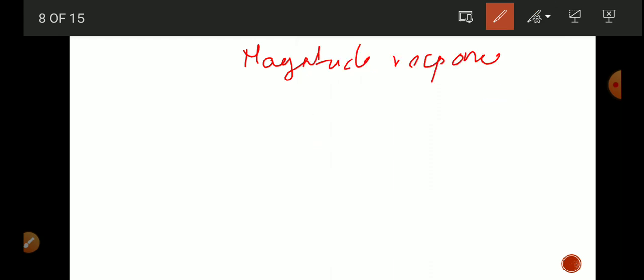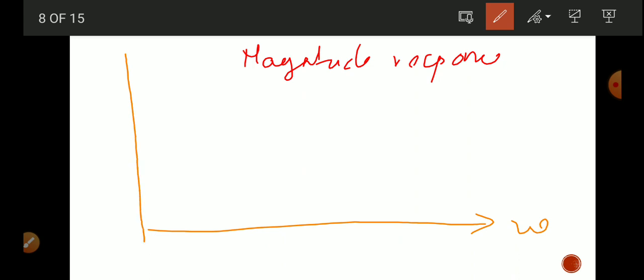In this x-axis, omega is denoted, and in the y-axis we are going to represent magnitude. This is the origin, at omega equal to 0.